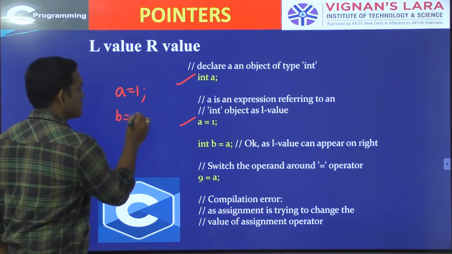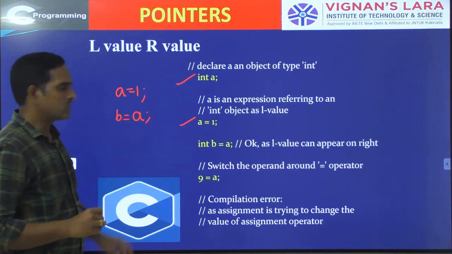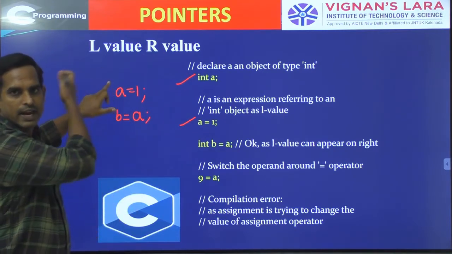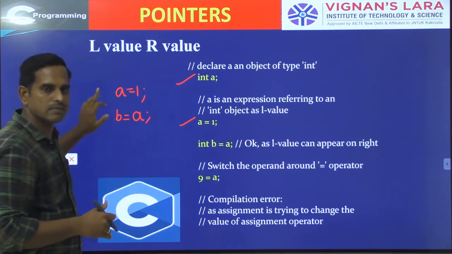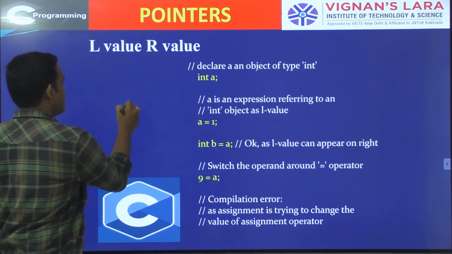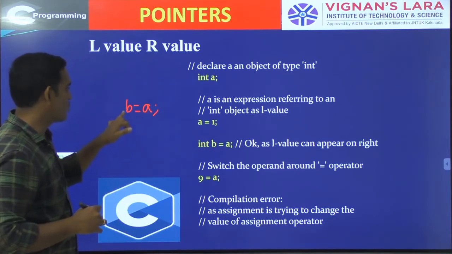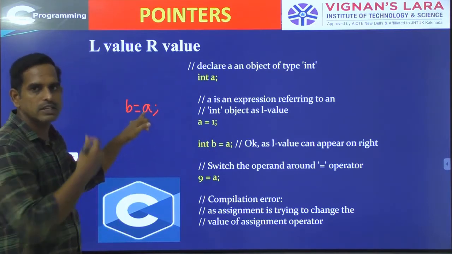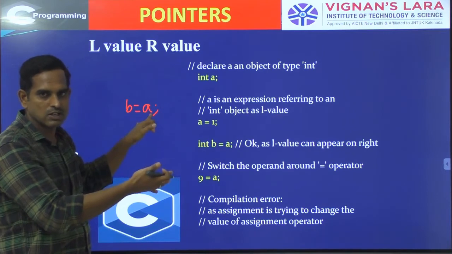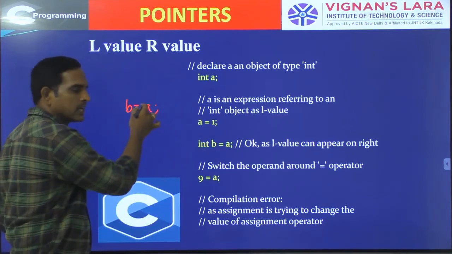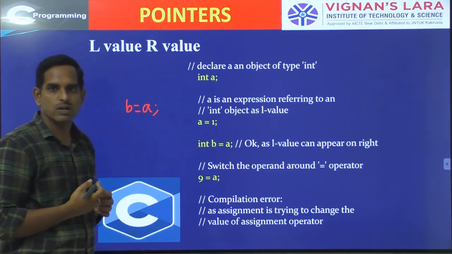If I write B is equal to A, as you have seen, A appeared as an L value in the previous statement, and here you have written B is equal to A. So now A has appeared on the right hand side of your expression. So your L values can appear on the right hand side as well.